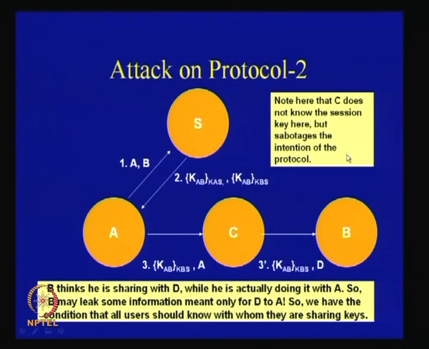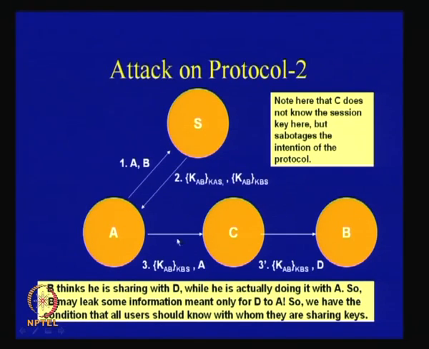The protocol was meant to establish a key between A and B, and also to make sure that A knows that it is communicating with B and B knows that it is communicating with A, right. So, this is a vulnerability of this protocol.